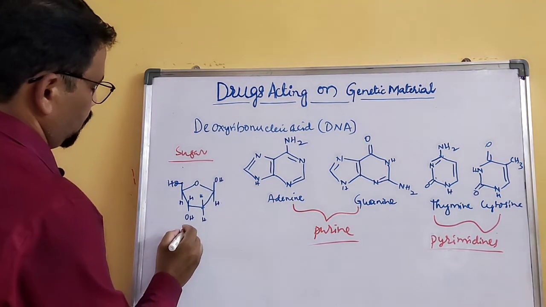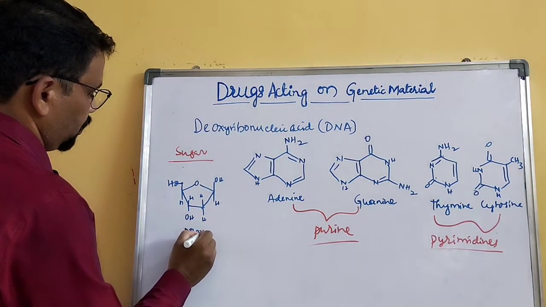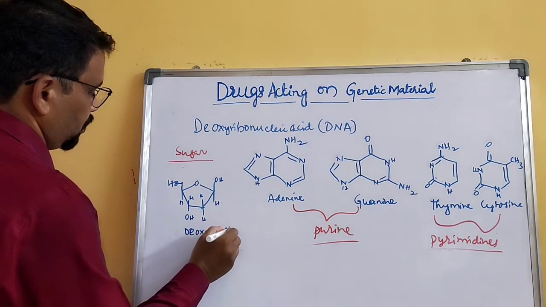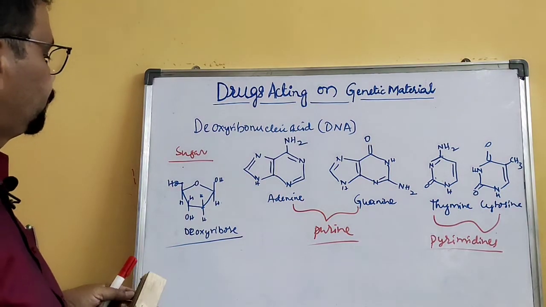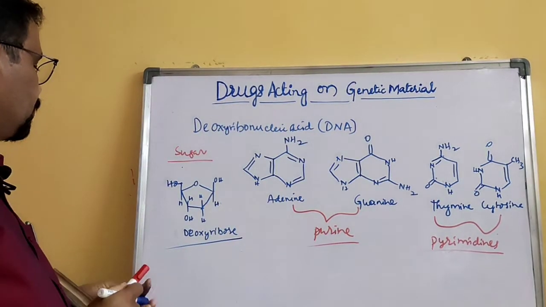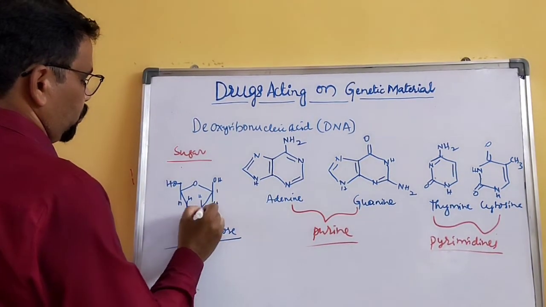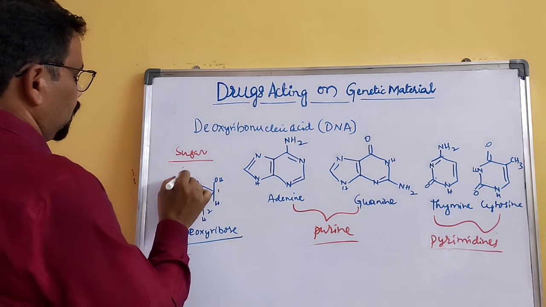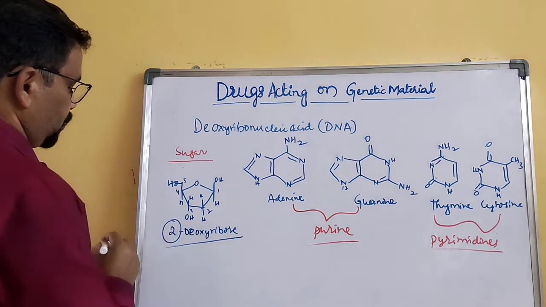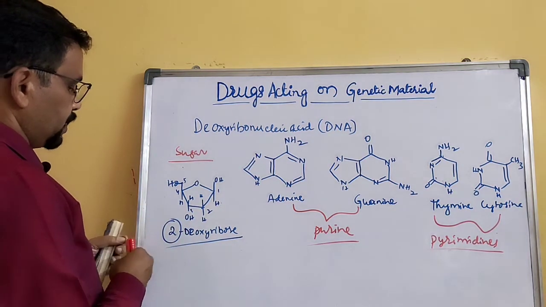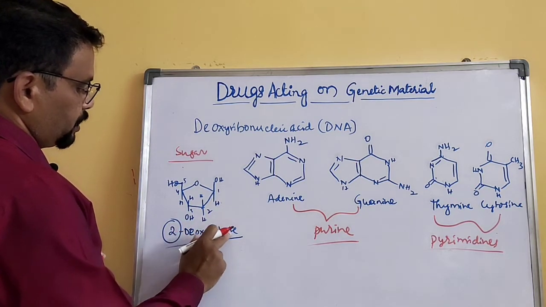This is deoxyribose, the sugar moiety in the DNA helical structure. If you give the numbering 1, 2, 3, 4 and 5, at the second position the hydroxyl group's oxygen is removed, therefore 2-deoxyribose.